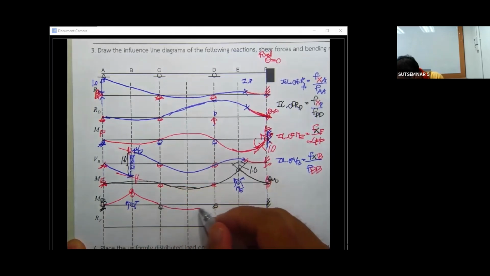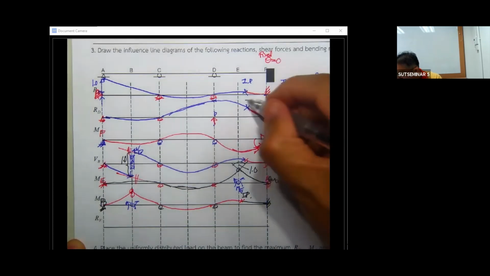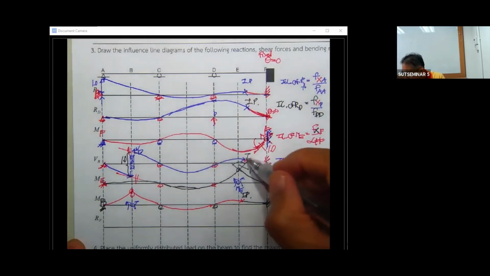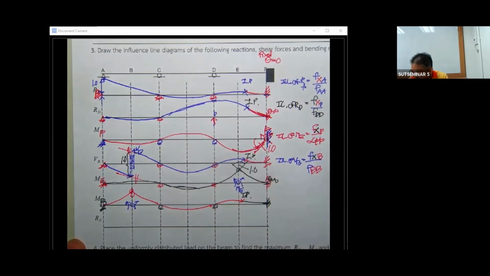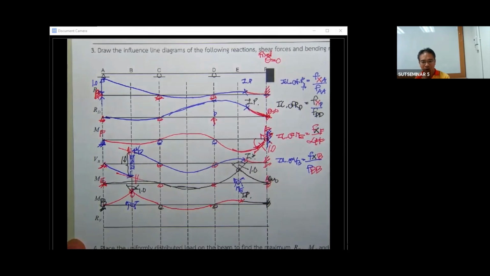Okay, like this, and then over here the slope just changes. This is going to be the inflection point. You have to indicate the inflection point, and then the slope here is going to be 1.0.